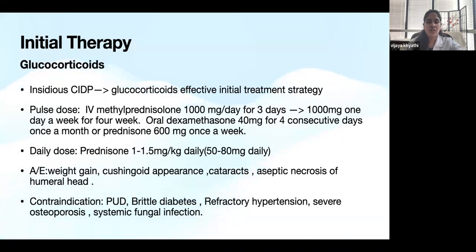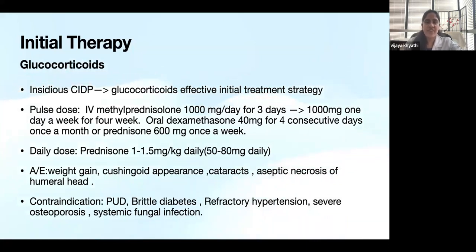Glucocorticoids are usually given in patients with insidious onset of CIDP, as they are an effective initial treatment. They are given either as a pulse dose or a daily dose of 1 to 1.5 milligrams per kg daily.